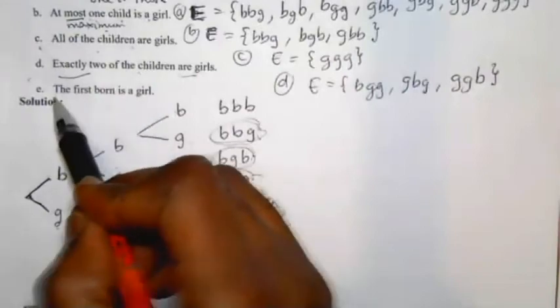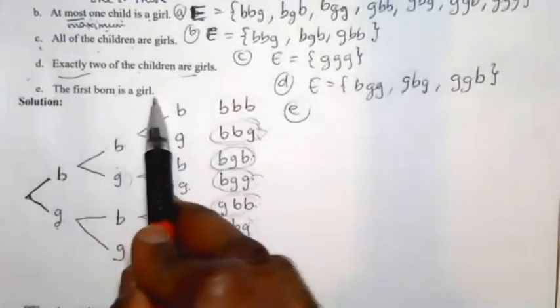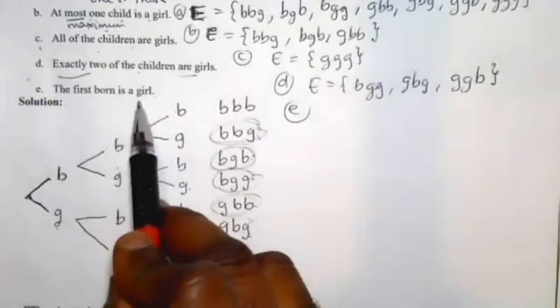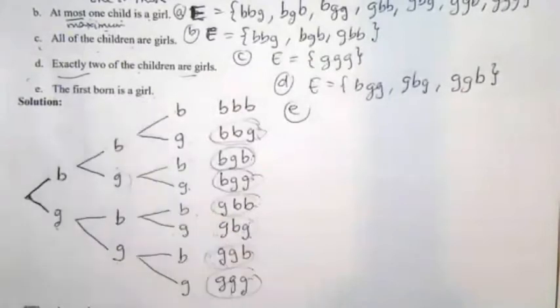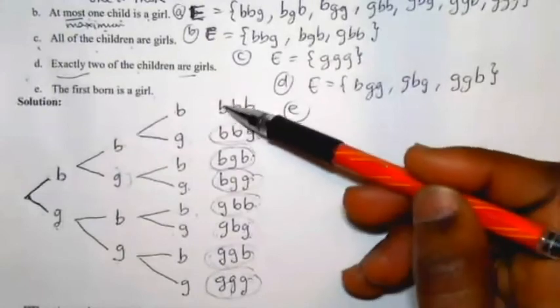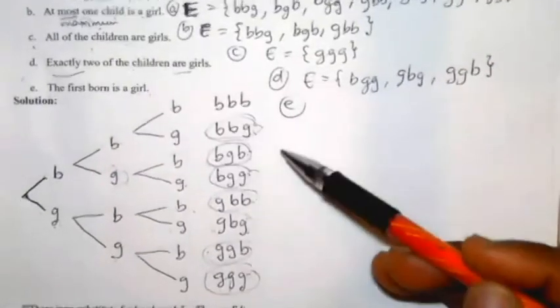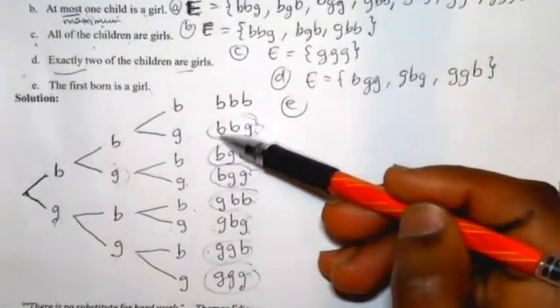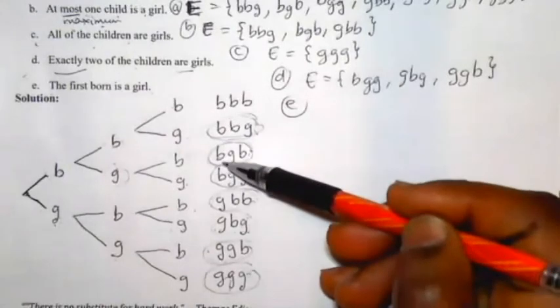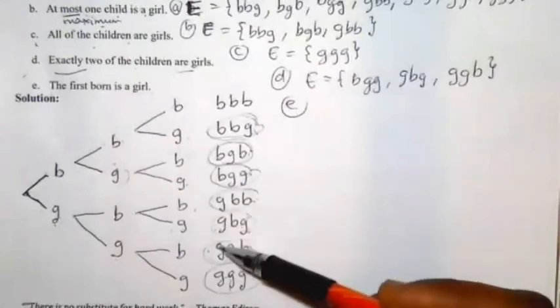And then the last one, which is E, says the firstborn is a girl. So for the firstborn to be a girl, let's go through the list. This is the firstborn, the first row, right? So which one will give us a girl? I have girl here, girl there, girl there, girl there.